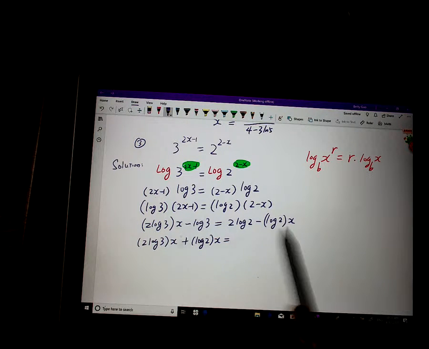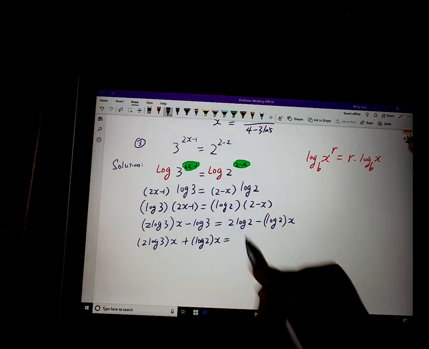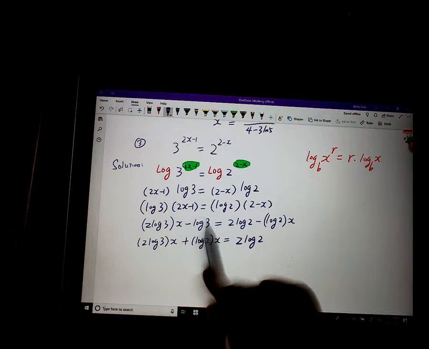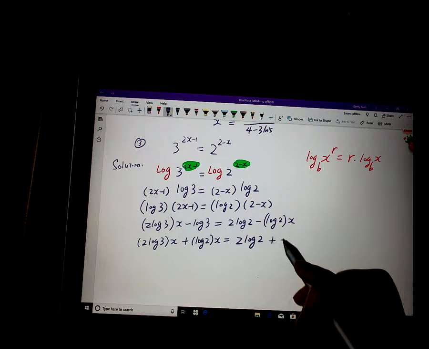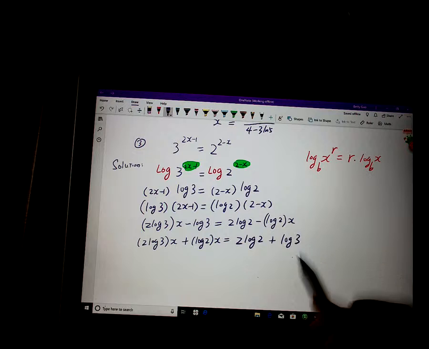You move it over, negative becomes positive. On the right-hand side, you have 2 log 2, I just copy this term. Nothing has changed. And I want this term on the right-hand side, so I move it over. Negative becomes positive, positive log 3.